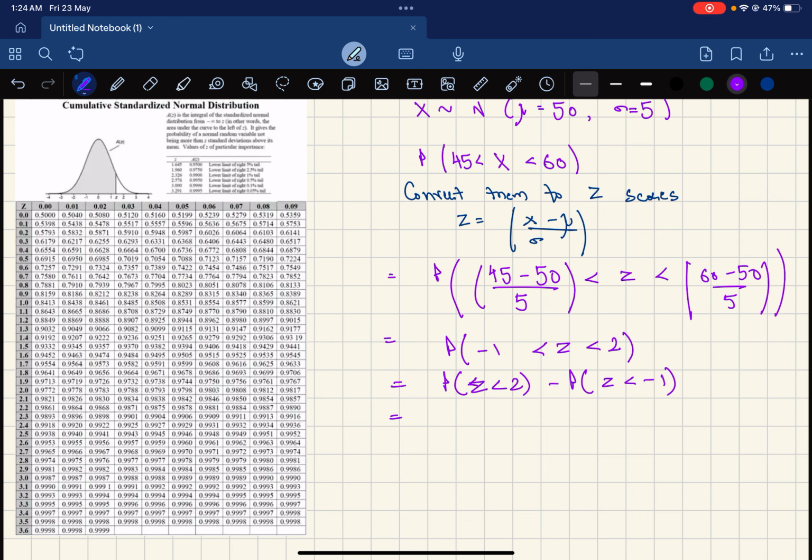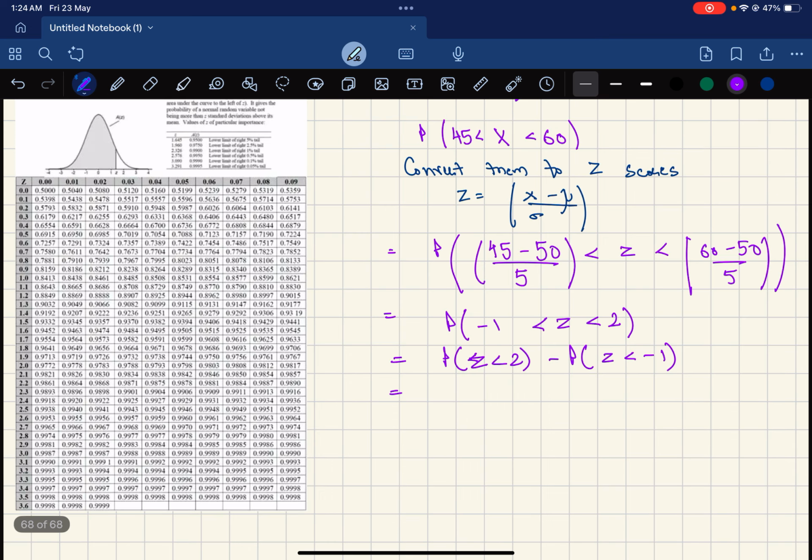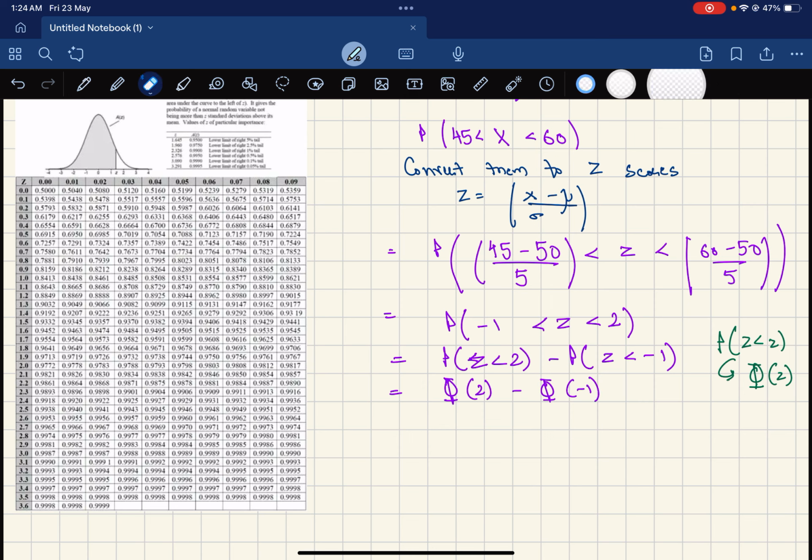Now the notation for this particular expression, whenever we have an expression like P(Z less than z), can be written in this form, so we can write this here as phi(2) minus phi(minus 1).